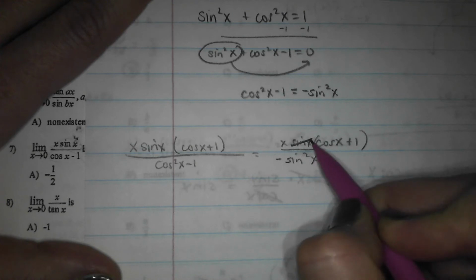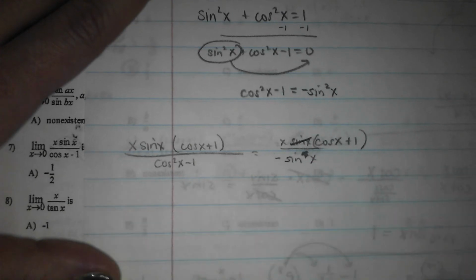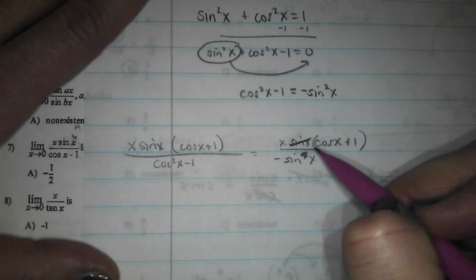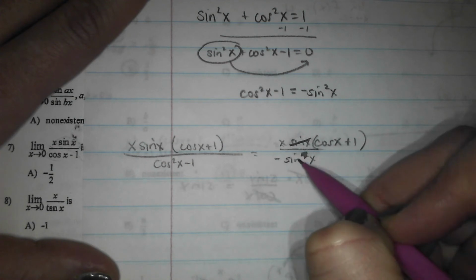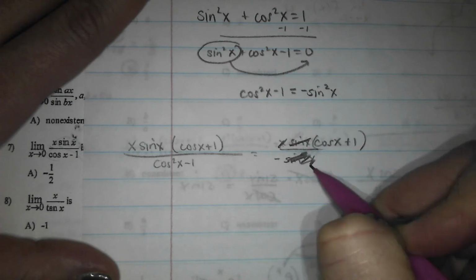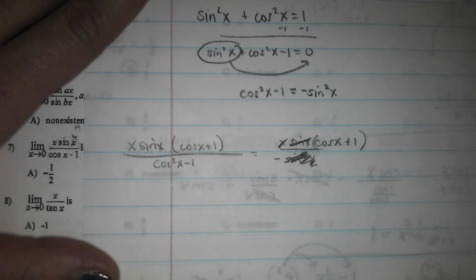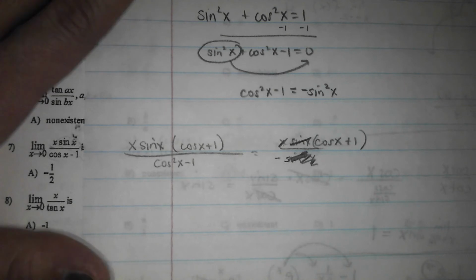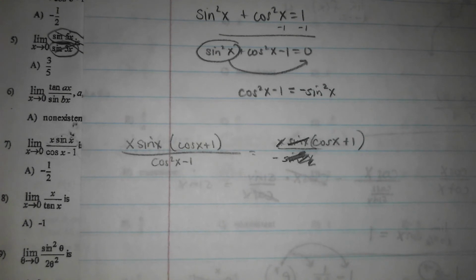One of these sine x's over sine x's would have canceled outright. The other one, when you take the limit as x approaches 0, would have been 1, so it would have sort of appeared to have canceled also. And then you directly evaluate, and you get 2 over negative 1. The same negative 2 answer.